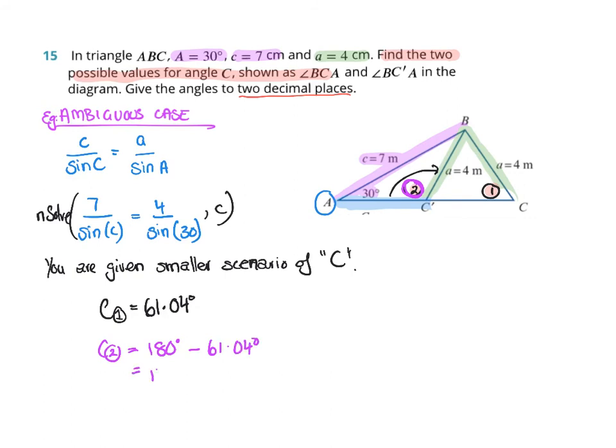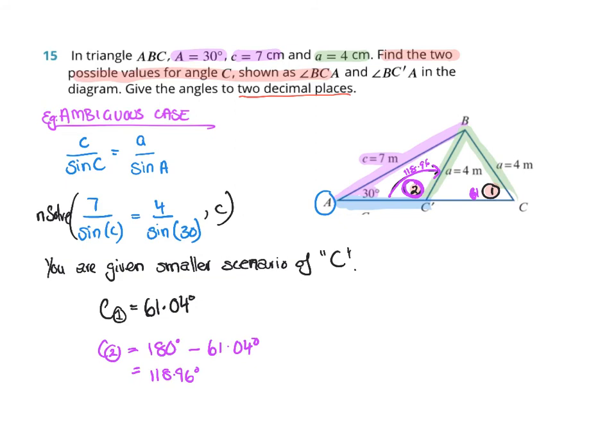So I get 118.96 degrees. So this angle here, which you can see is more than 90, that one is 118.96, where this one over here was 61. Okay, so there's your two scenarios.